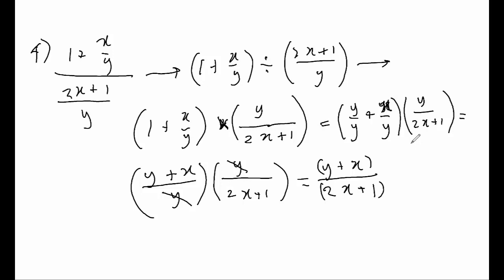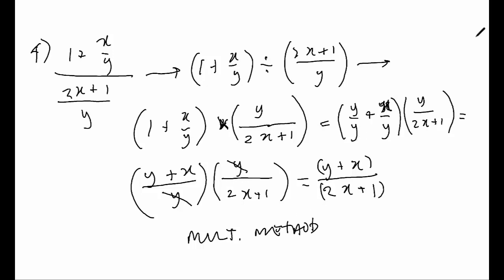Now, so that's using what one would call the multiplication method. Now let's see what would happen if I use the lowest common denominator method, because that doesn't look that difficult either for this one.